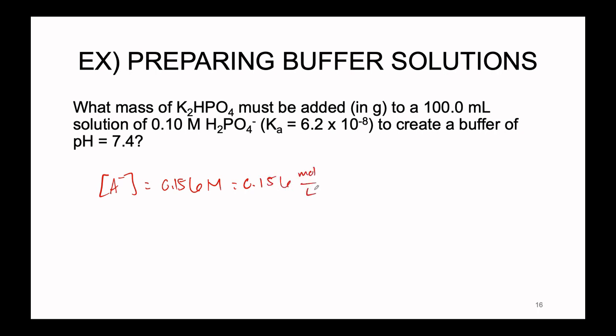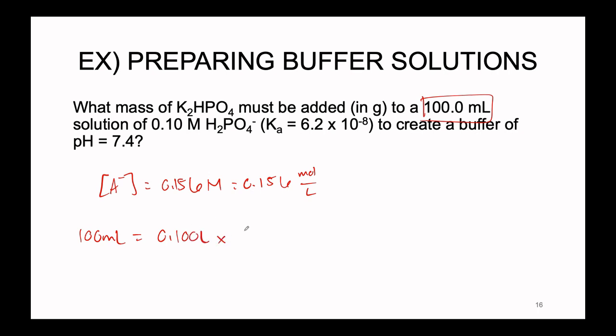which is equal to 0.156 moles per liter. We want to use this information to figure out what this value is going to be in grams. Well, we know how much solution we have, we know what that volume is, 100 milliliters is equal to 0.100 liters.